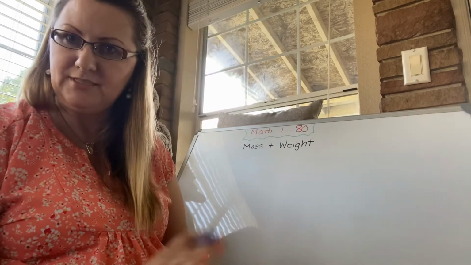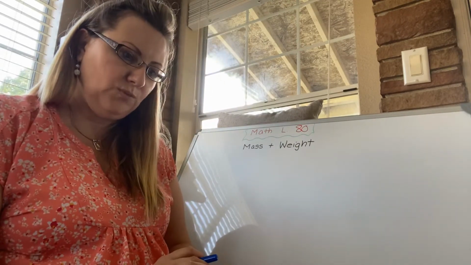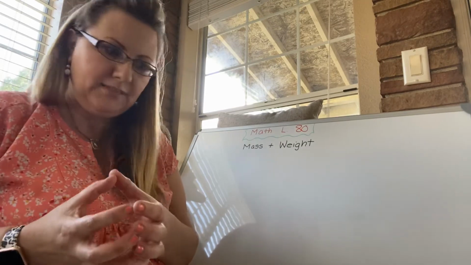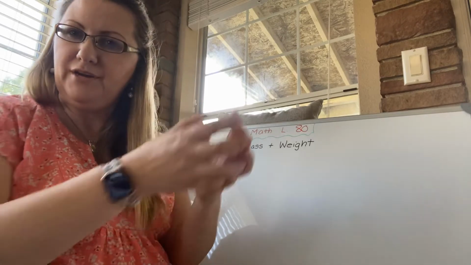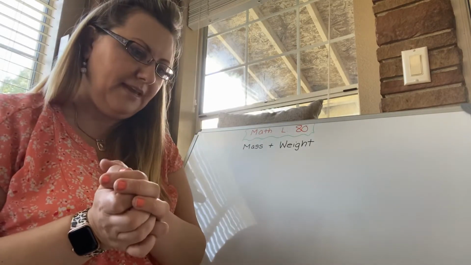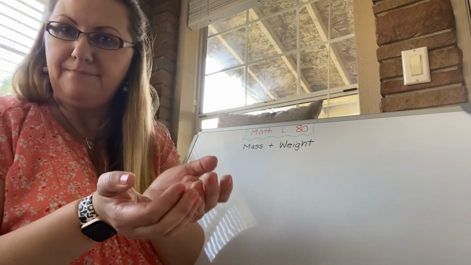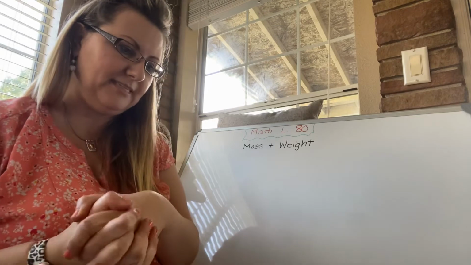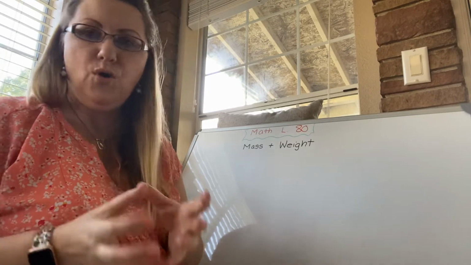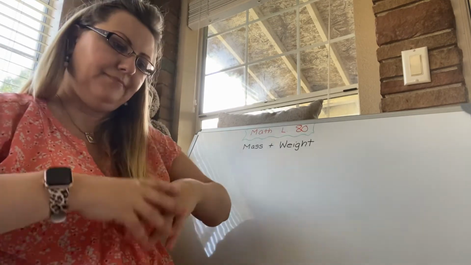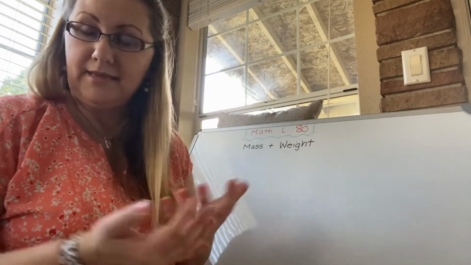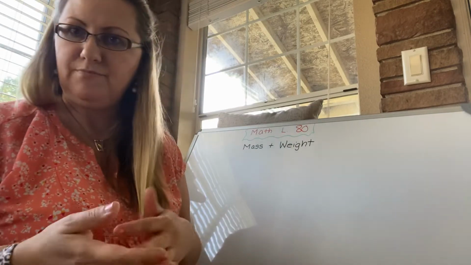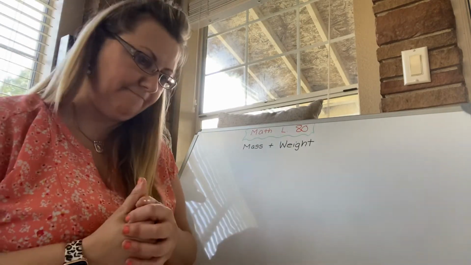Okay, so 16 ounces is 1 pound. So if you were to have a 16 ounce apple, let's say, and you put it on the scale, it would probably weigh about maybe half a pound to a pound. So that's about 16 ounces. Now, if you were to put together 2,000 pounds of something, that would be equivalent to 1 ton.